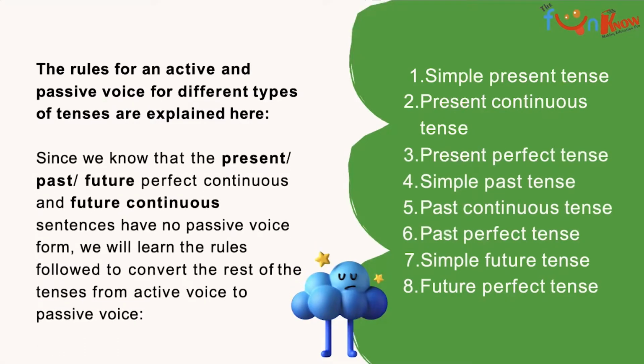We already know that present, past, and future perfect continuous tense and future continuous tense sentences have no passive voice form. Therefore, we're going to learn the rules to convert active to passive form for these different types of tenses.